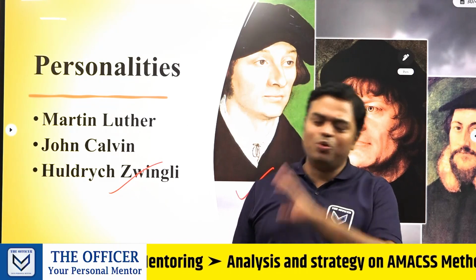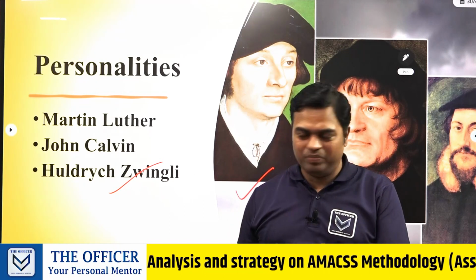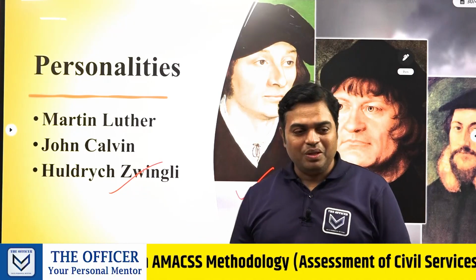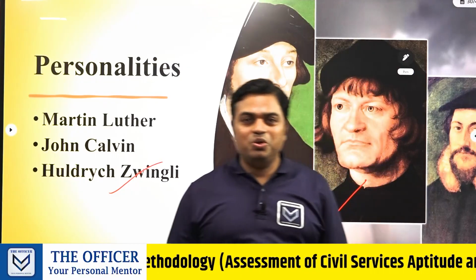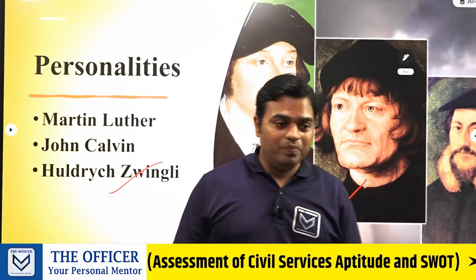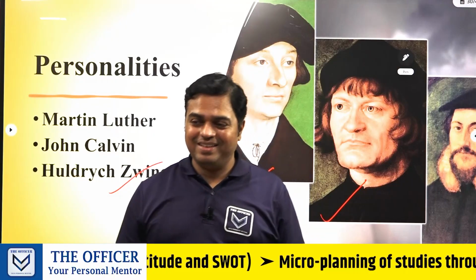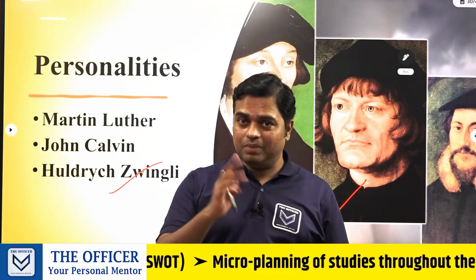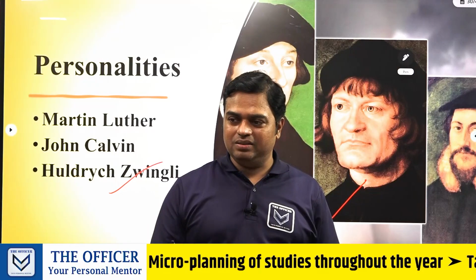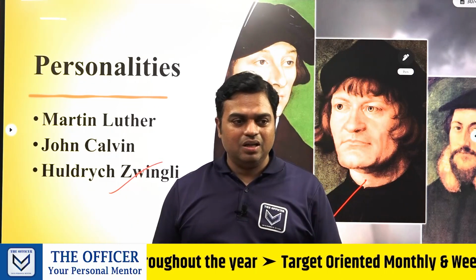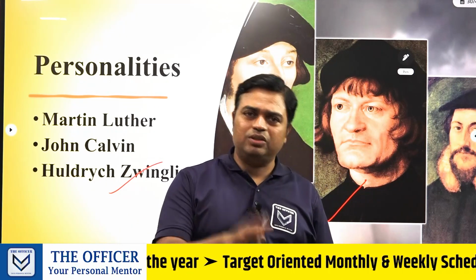And when he became so popular at that time, the Pope started to initiate proceedings to expel Martin Luther King out of Christianity. But before they could become successful, Martin Luther King protested against the Catholic Church and openly declared that we will not remain within the Catholic fold.